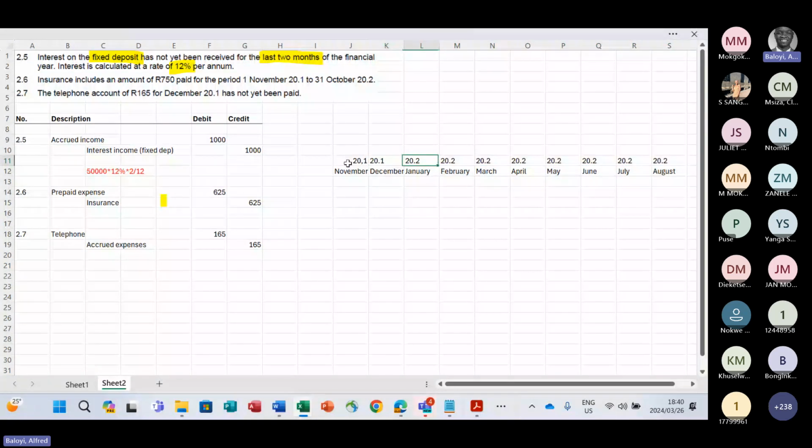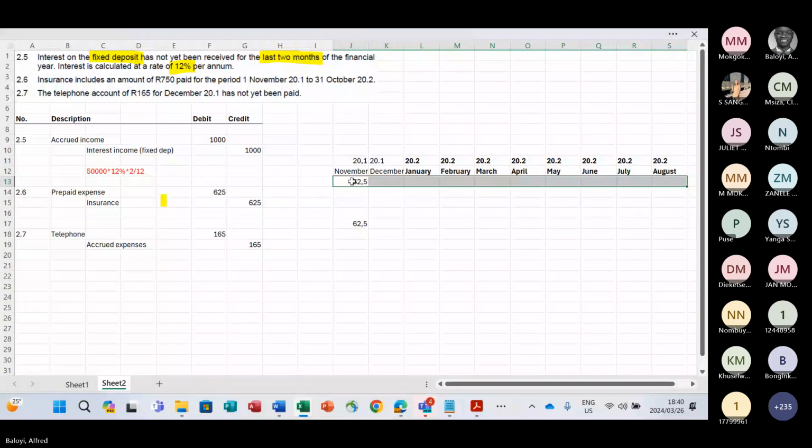So our insurance, the 750, let me just show you quickly, 750 divided by 12 is 62.5.